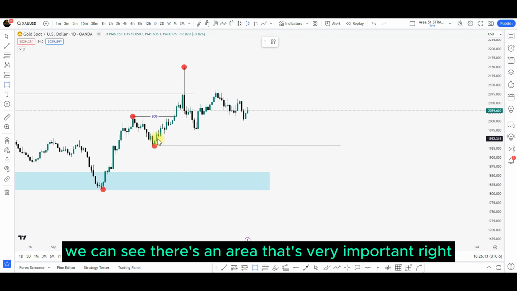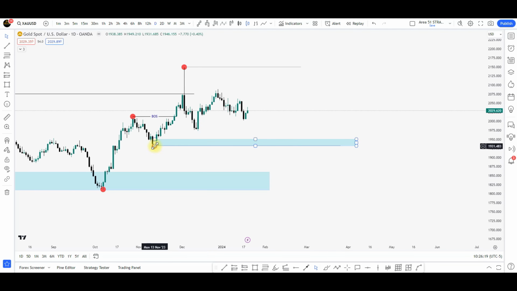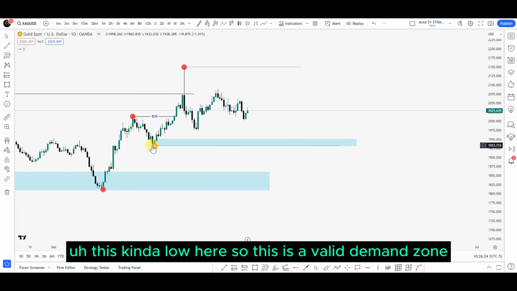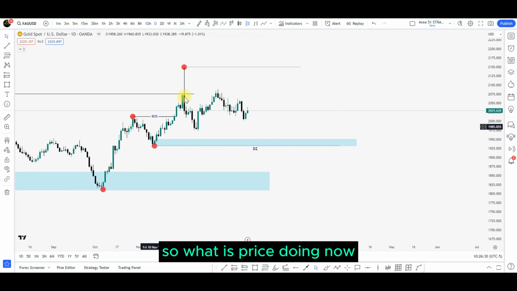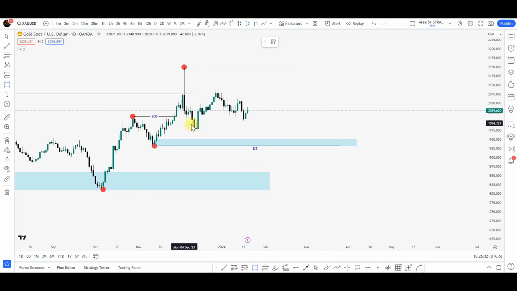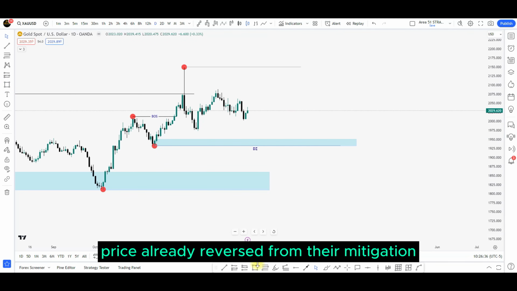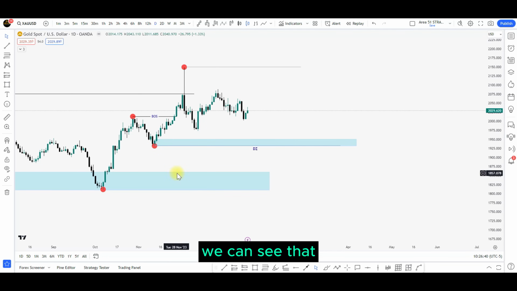Okay, we can see there's an area that's very important right here because there's an imbalance going on, and there is a valid supply demand zone. Price took out this low, so this is a valid demand zone. So what is price doing now? All right, this area is already mitigated. We can see price already reversed from there. But this area, nothing touched yet.